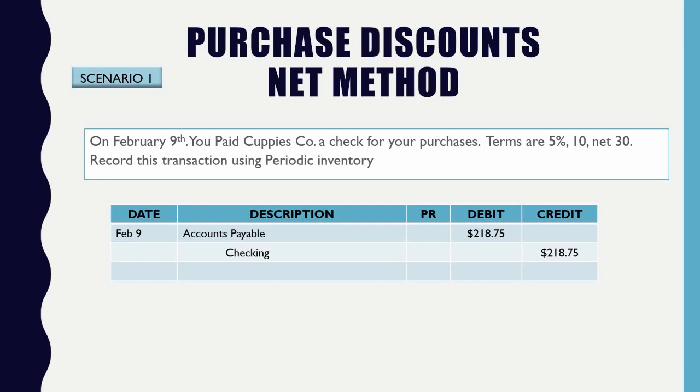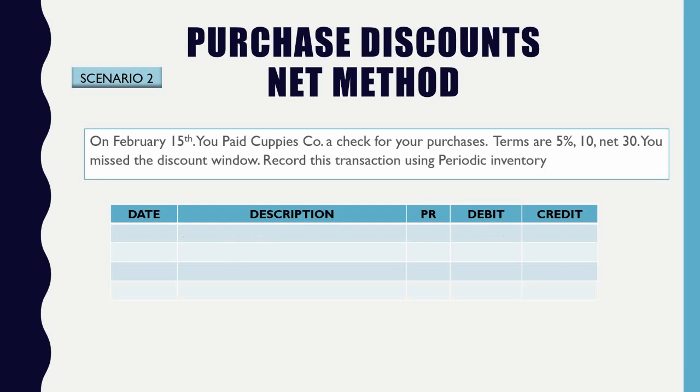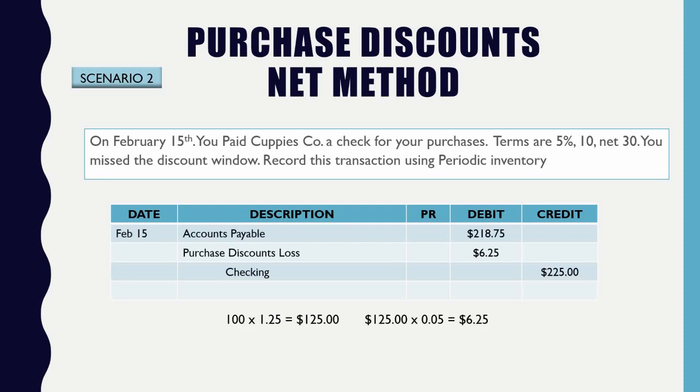Okay? Now, what happens if you accidentally miss that date? Then what's going to happen is, if you recorded with the net method and you completely forgot, and then when you realize that you forgot to pay for this bill, unfortunately, you're going to have to correct it. How do you correct it? Well, in this case, you're still going to recognize that you owe $218.75. However, you're going to be creating an account called the purchase discount loss, which is a contra account.